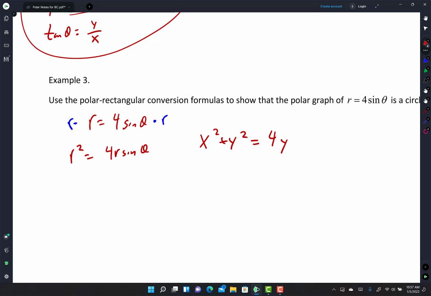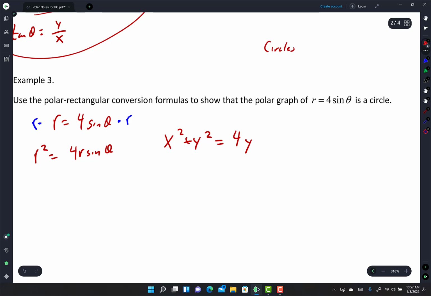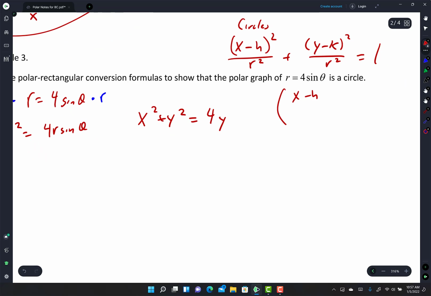Now they want me to prove that it's a circle. Hopefully you remember, and if you don't, it's okay, that all circles look more or less like this. Let's use h and k for the center: (x minus h) squared over r squared plus (y minus k) squared over r squared equals 1.